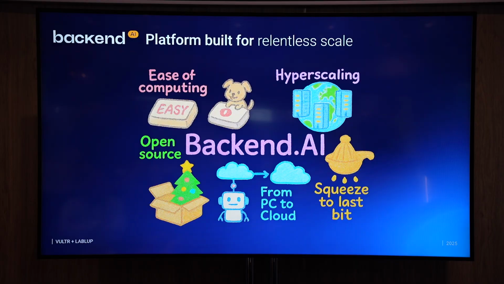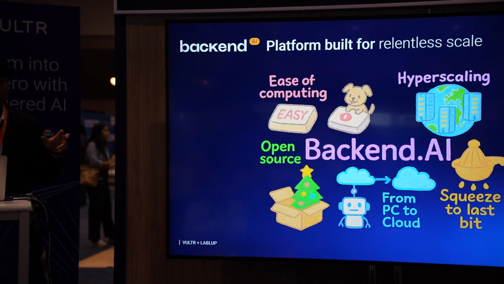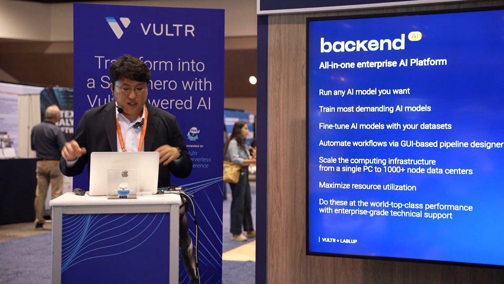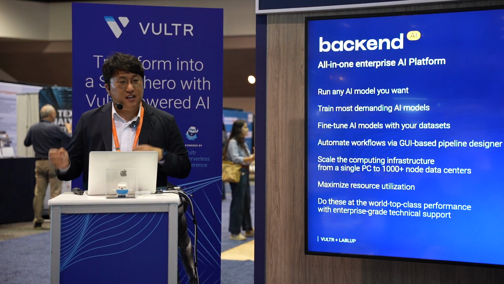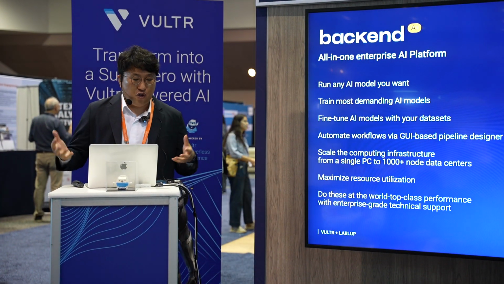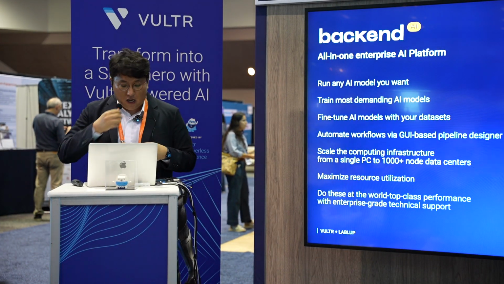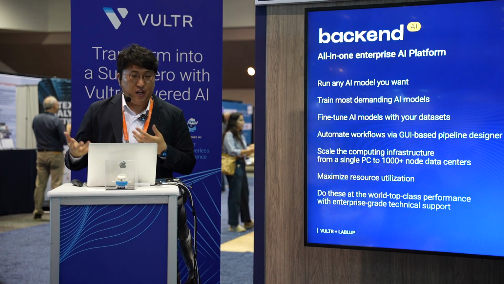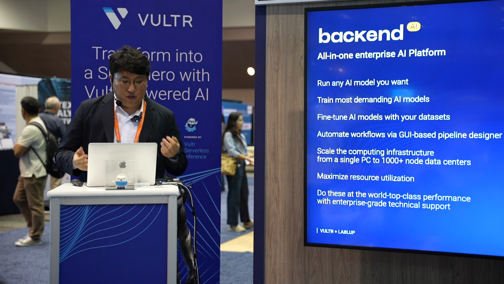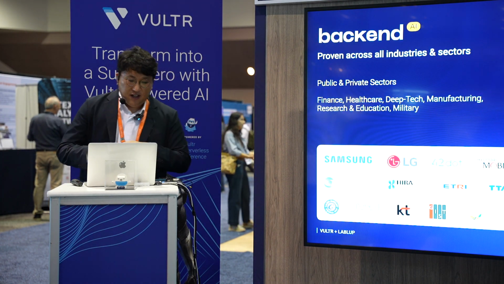The key concept here is to squeeze the raw hardware performance to the last bit using software technology. Basically, it runs and trains any AI model you want, which is done in a full GUI manner, and also has an automated workflow designer, FastTrack, and Bali to one-click provision your own AI models together.